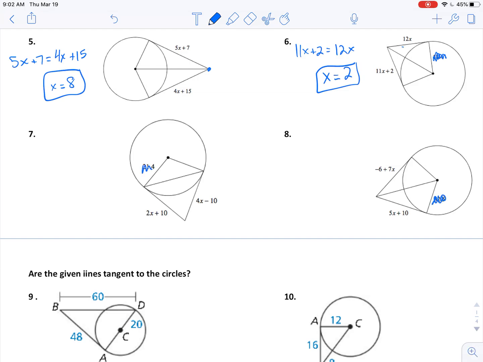All right, so 7, again, this doesn't matter, and this won't matter in 8. So we got 2x plus 10 equals 4x minus 10. So 2x equals 20 if I subtract the 2x and add the 10 to the other side. So x is 10.